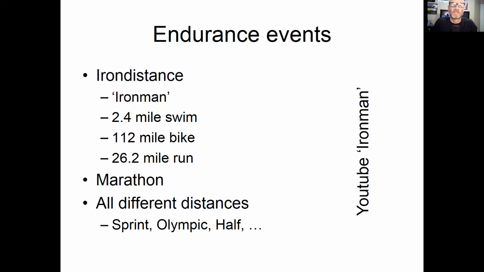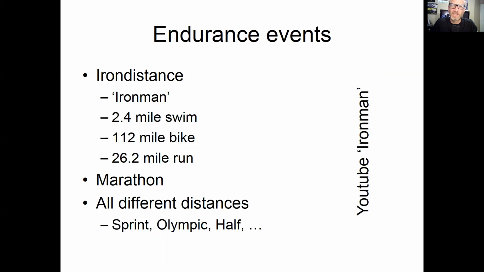There are other brands of iron distance events like Challenge or Outlaw. Those are brands of iron distance events. Iron distance events are events where someone will swim 2.4 miles, bike 112 miles, and then run 26.2 miles all on the same day. Now, a marathon is 26.2 miles.